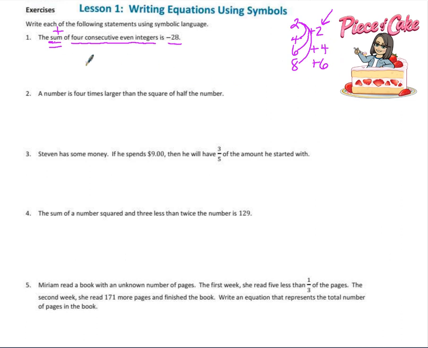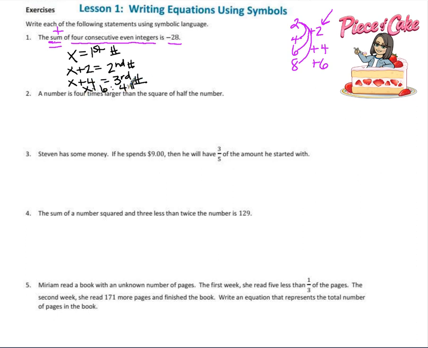So when I go to write my variables, let's start with first. x is our first number, but x plus 2 is our second number. x plus 4 is our third number. And x plus 6 is our fourth.